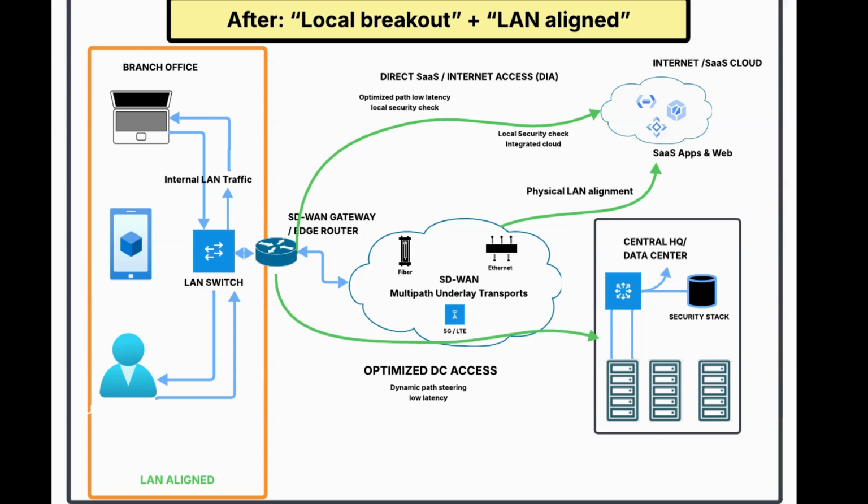The second question you want to ask is, do the LAN uplinks have sufficient capacity for the current and projected traffic, including SaaS and cloud workloads? And the third question is, is the branch segmented at the LAN layer, or are you relying entirely on the WAN edge for the security boundaries, right?